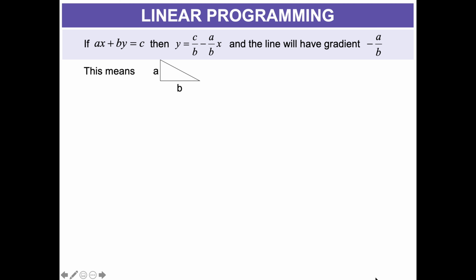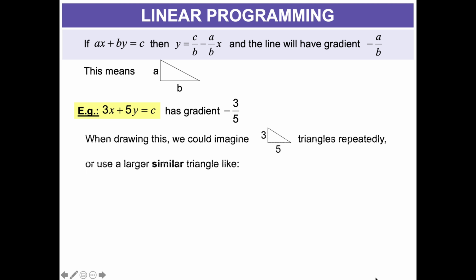So if you have minus a over b, that means a is the rise on the y-axis, and b is on the x-axis, and because it's negative, it's going downward. For example, the objective function 3x plus 5y equals c has gradient minus 3 over 5.